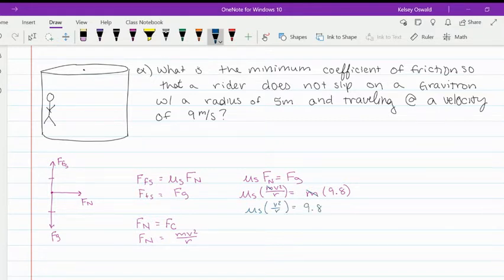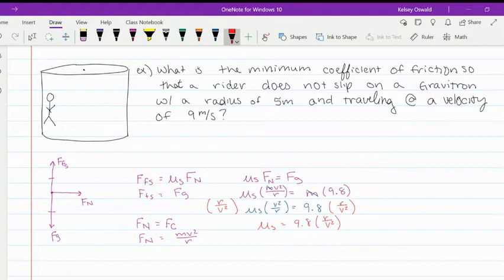So we need to get that coefficient by itself. A good first step here would be to divide each side by v squared over r. And remember, dividing by a fraction is the same thing as multiplying by the reciprocal. Okay? So when we do that, we're left with our coefficient is equal to 9.8 times r over v squared.